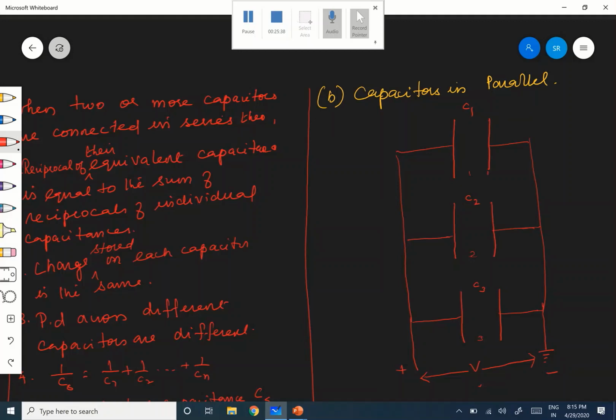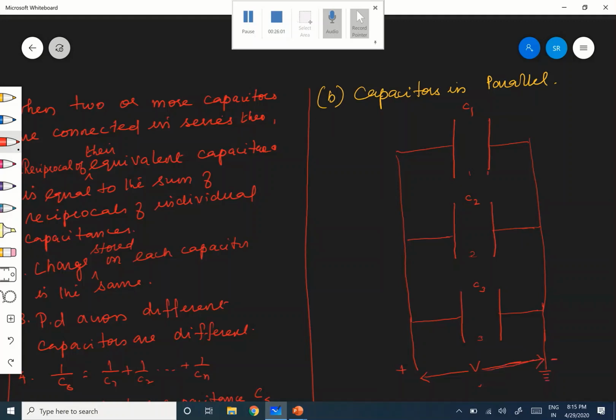The third plate also, left is connected to positive and right to the negative of the supply. Therefore the potential drop across each capacitor is V.